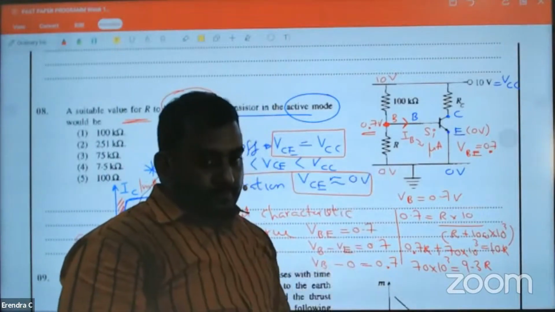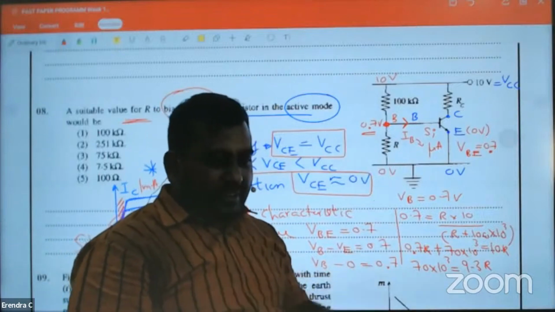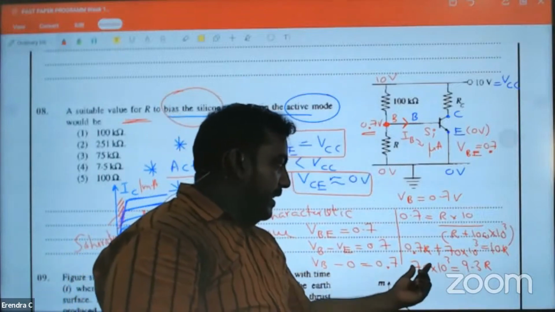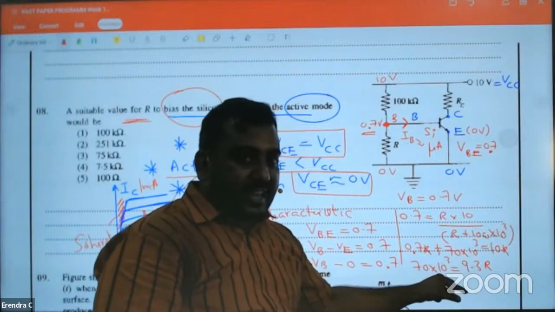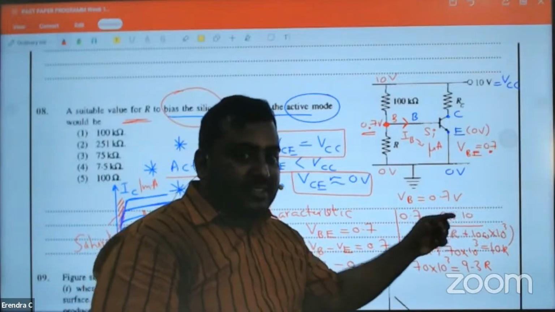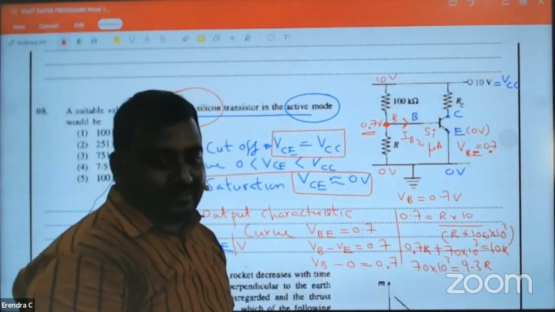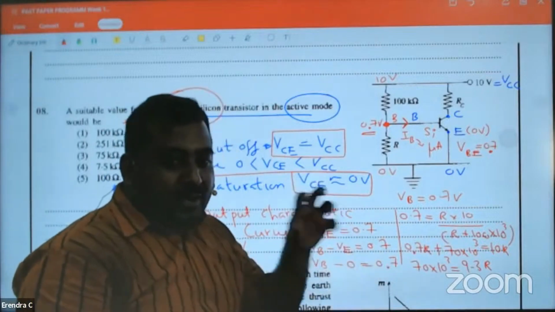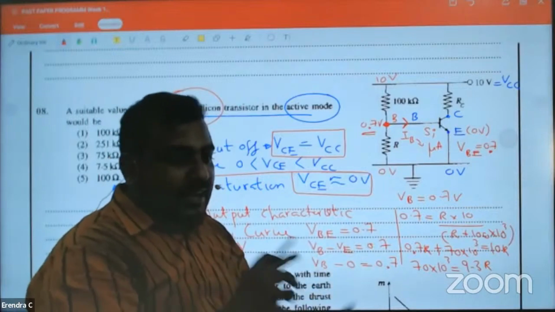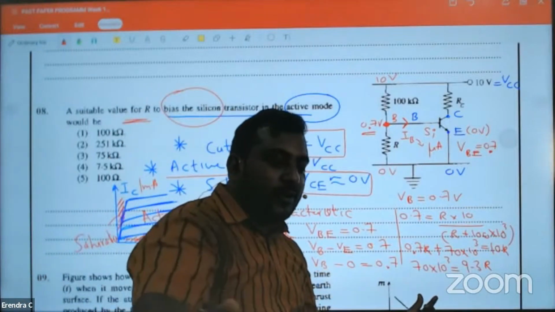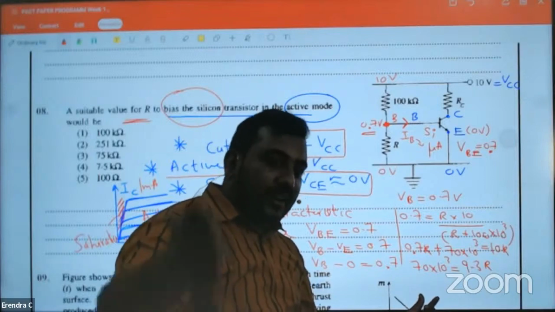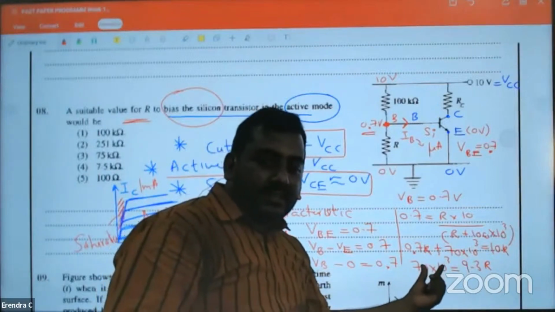Think and tell. Assume 10: if I divide by 10, I get 7 kilo. If I divide by something less than 10, is it more than 7 or less than 7? You can't calculate this in an MCQ. 70 divided by 9.3 is difficult to divide. Divide by 10 and 7 will come.